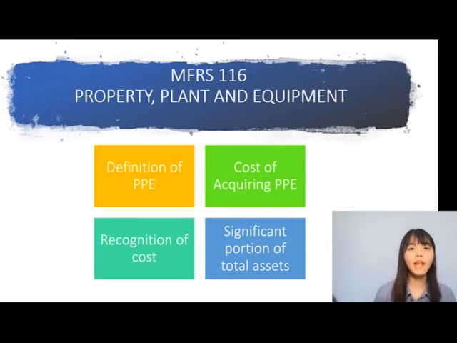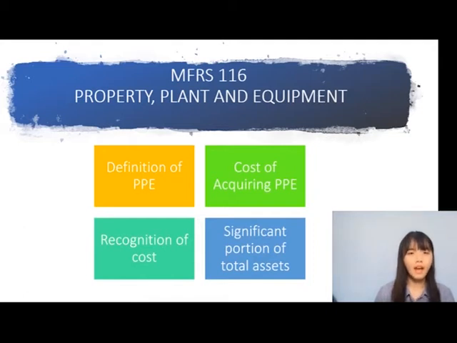The cost of an item of PPE is recognized as an asset if and only if it is probable that future economic benefits associated with the item will flow to the entity and the cost of the item can be measured reliably.